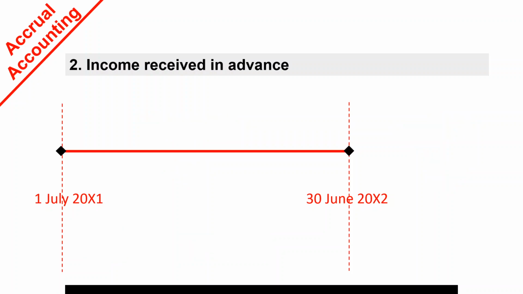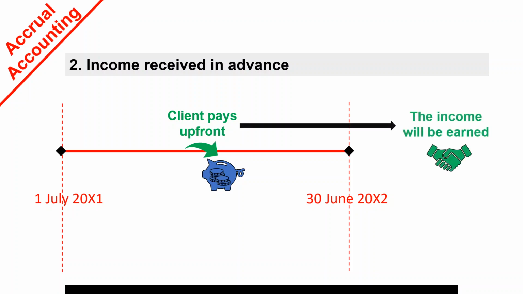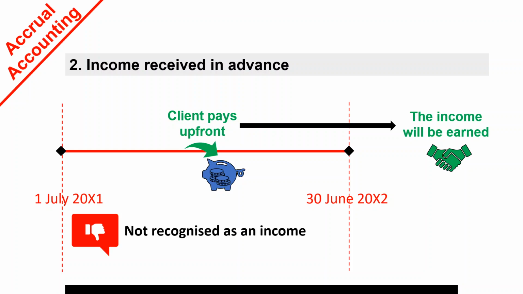The second transaction is related to income received in advance. During the accounting period, the business received an upfront payment from a client. The business is going to provide goods or services to the same client in the next accounting period. In the current accounting period, we should not recognize any income because the business has not rendered any goods or services to the client.